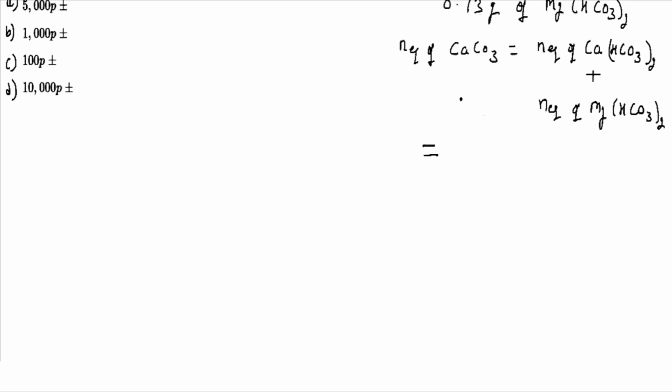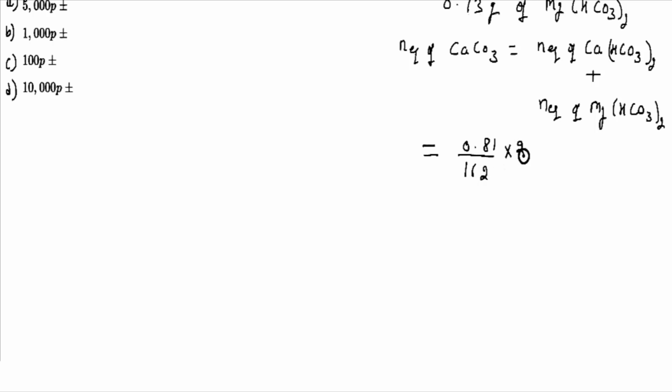The given mass here is 0.81 for calcium bicarbonate. Equivalent weight is molar mass divided by valency factor. The valency factor is 2, and the molar mass is 162, so I write 162 divided by 2.